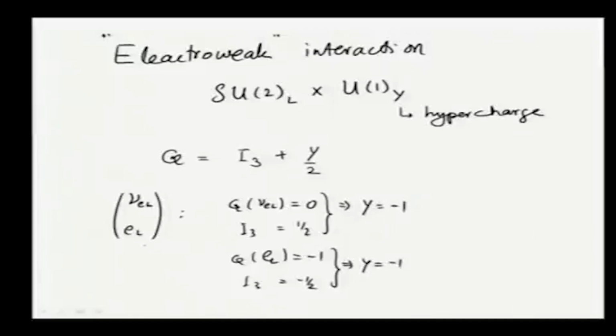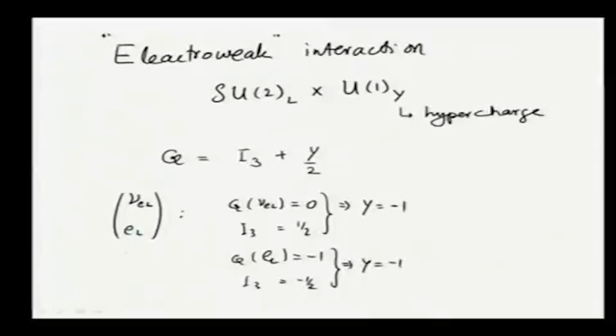You will also see that because I3 changes by 1 unit when you go from one component to another component, nu to E, in the same multiplet, the charge should also change by 1 unit when you go from one component to the other.